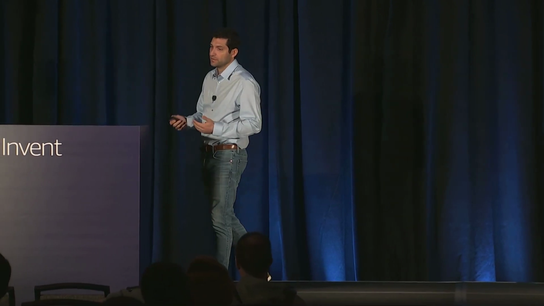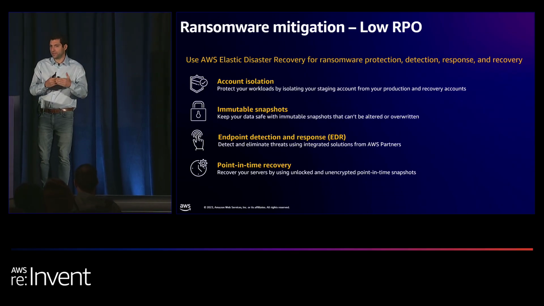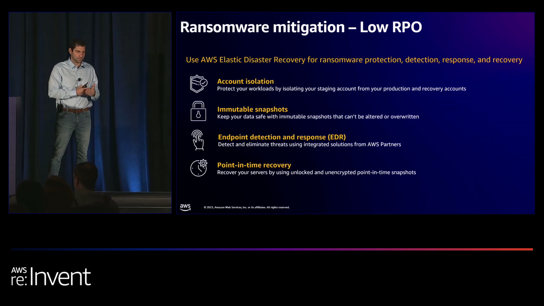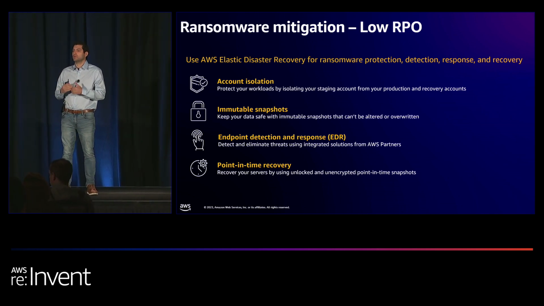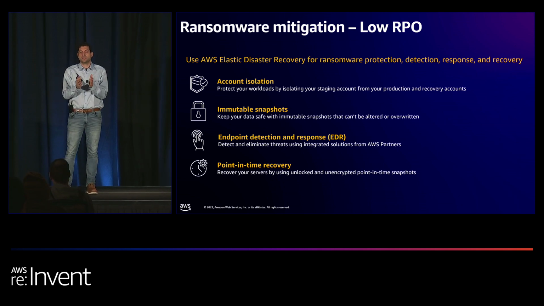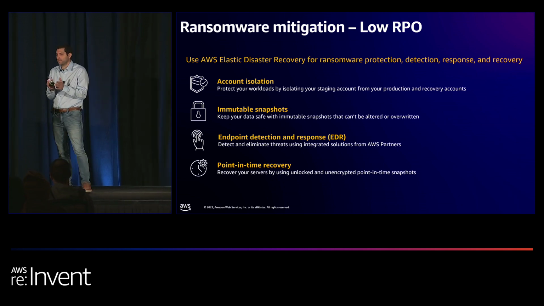So Elastic Disaster Recovery has some integrations with detection software. Some examples are CrowdStrike and SentinelOne, which we have partnerships with. Once they detect ransomware very shortly after it started encrypting, they're fully integrated with DRS to invoke recovery to the closest, cleanest state of the data.